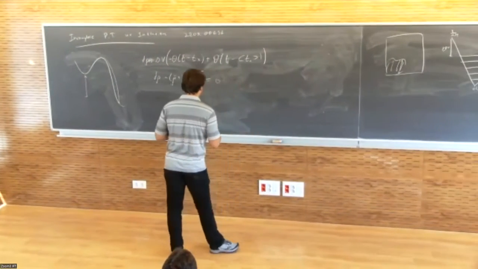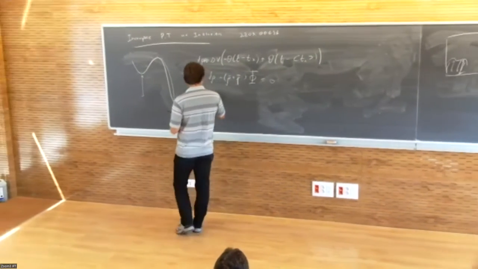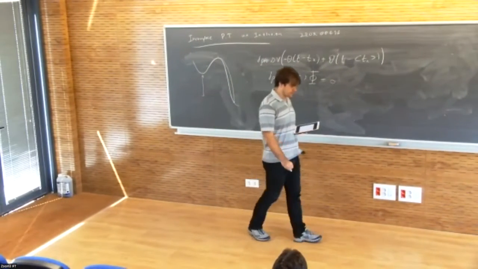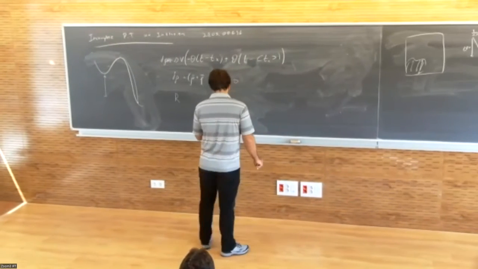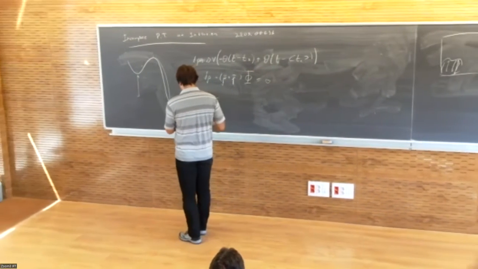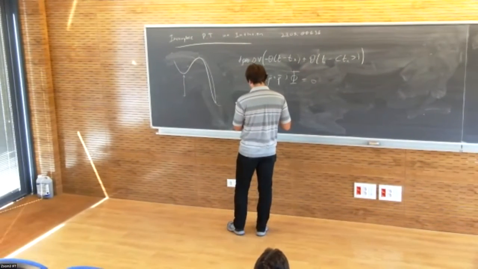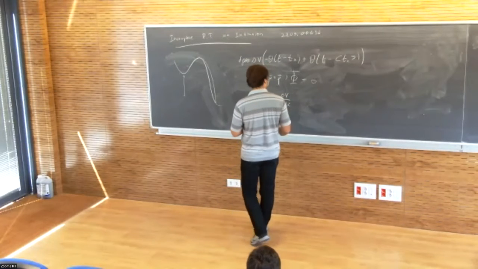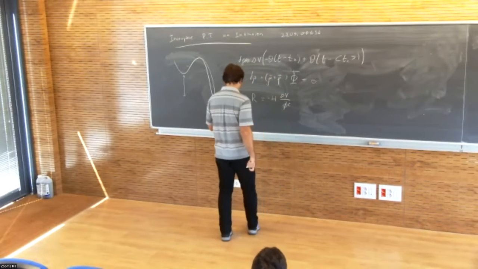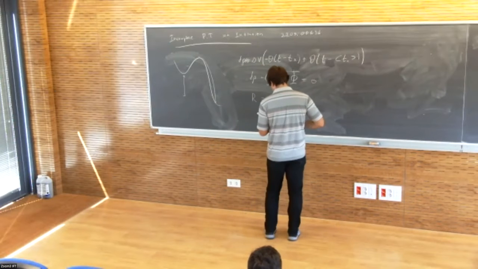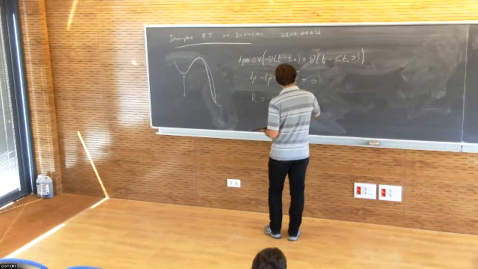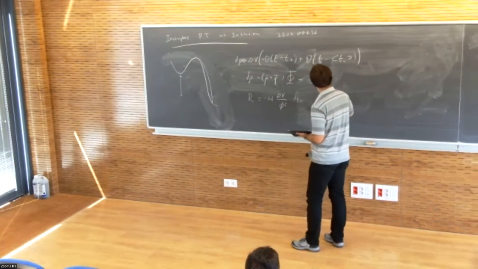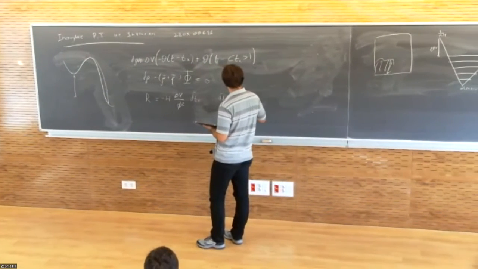At the end of the day, what we are going to compute is R, the curvature, or the gauge invariant curvature perturbation, which in this case is just going to be given by this. So this is minus H delta V over phi dot squared, and this is really where the delta V over phi dot squared picks up, times delta t(x), where delta t(x) is just t(x) minus t(x) average.